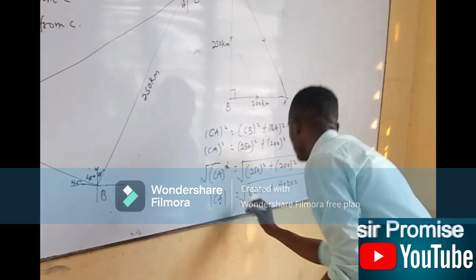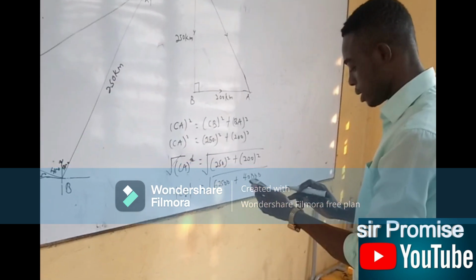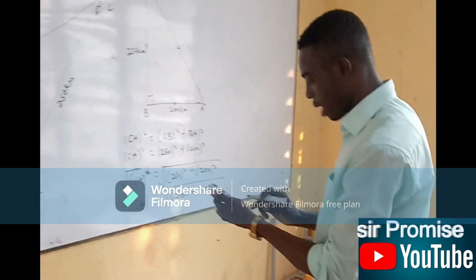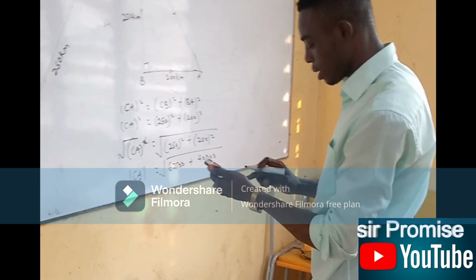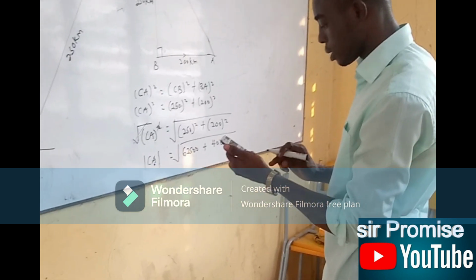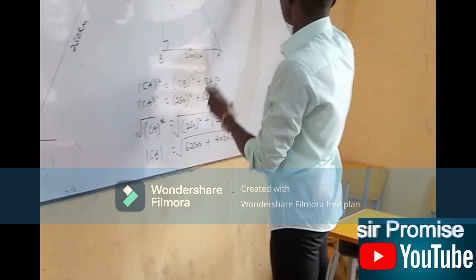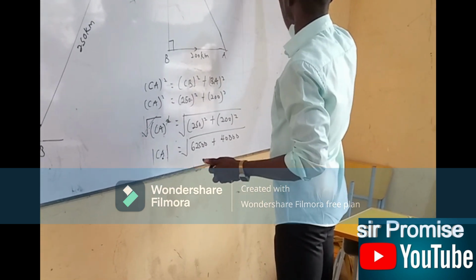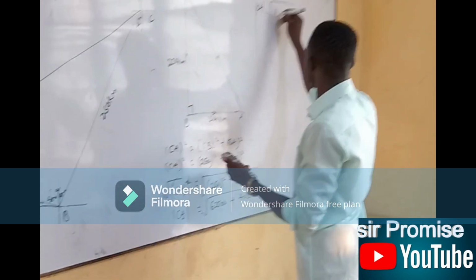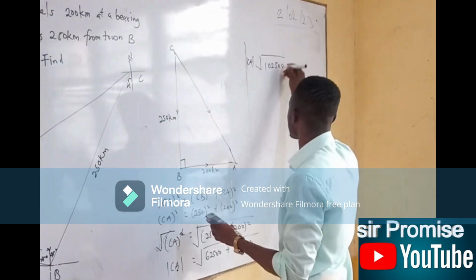So find the square root of both. 62,500 plus the 40,000, we are going to get 102,500 for CA squared.